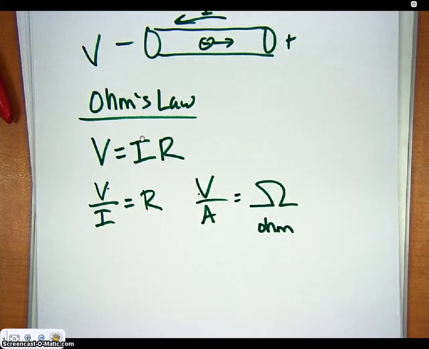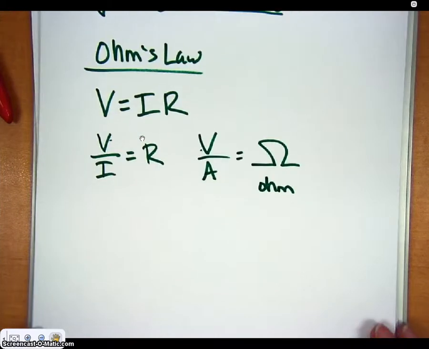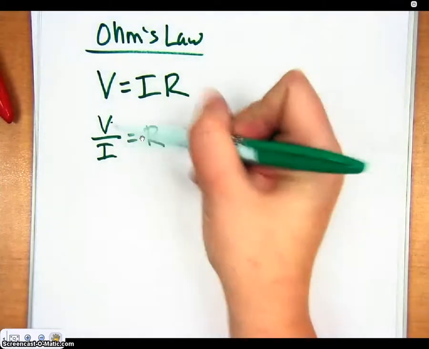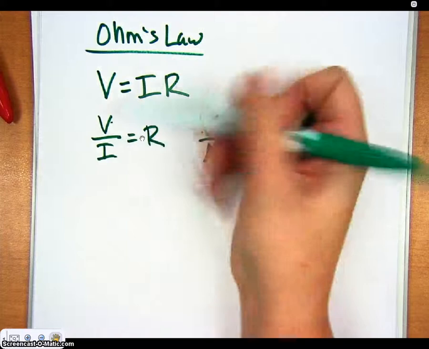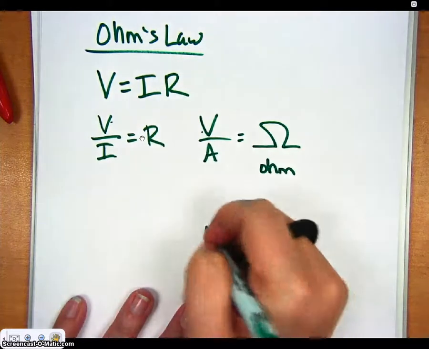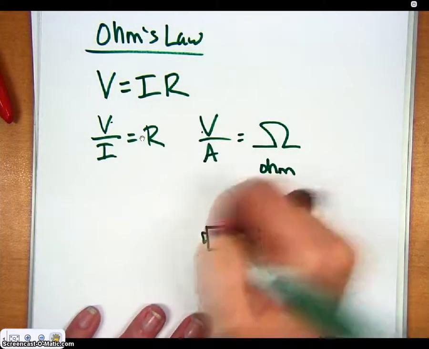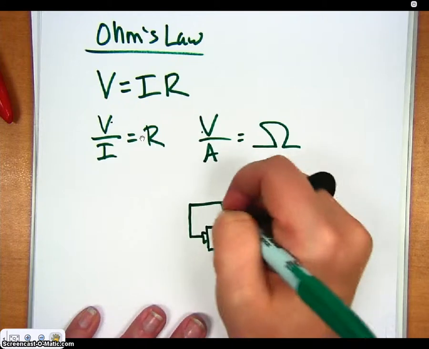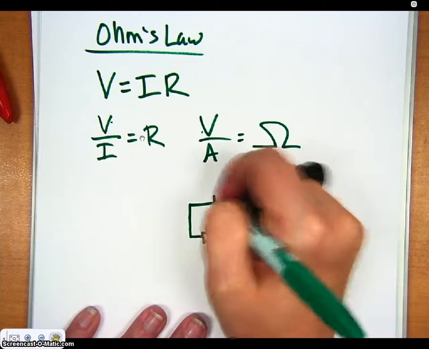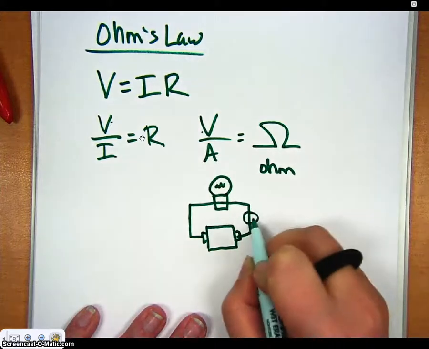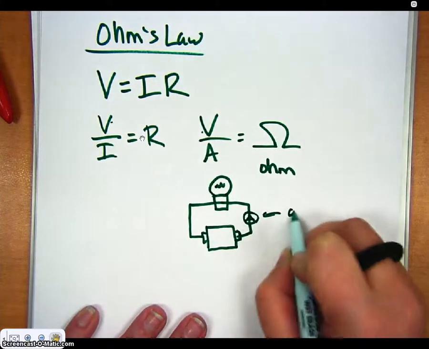Now, if I wanted to determine the resistance of some material, I could do this experimentally in a lab. This is a rise over run relationship. Let's say I wanted to determine the resistance of a light bulb. I could hook that light bulb up to a battery. Here's my light bulb, and somewhere I could measure the current. This is an ammeter.